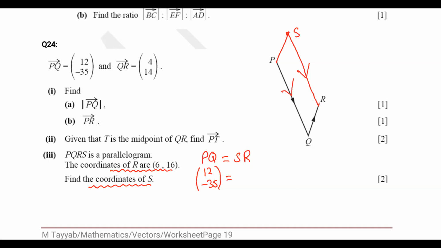How to write SR in terms of position vectors? We know vector AB is OB minus OA.